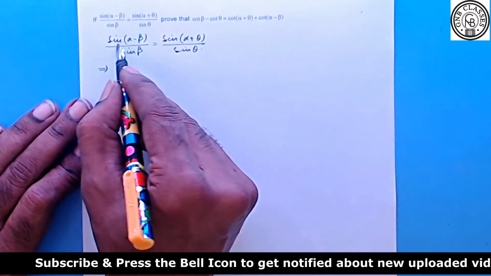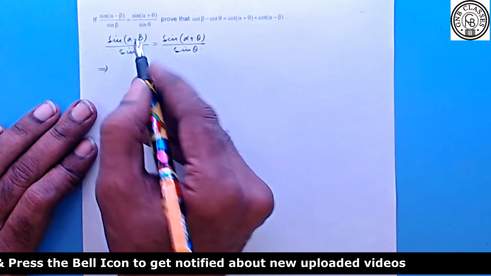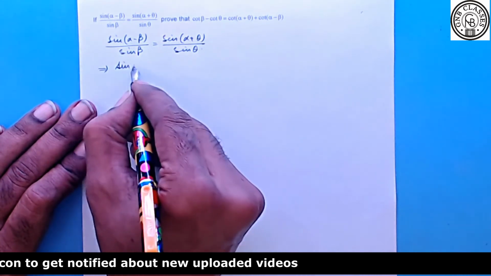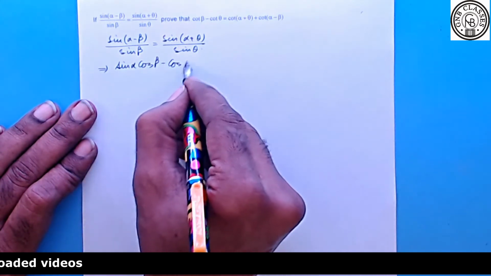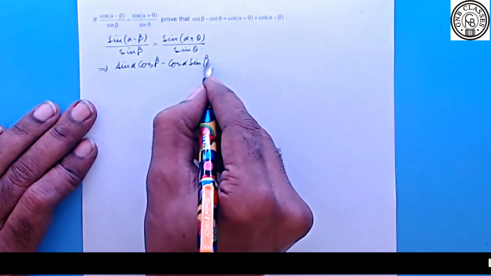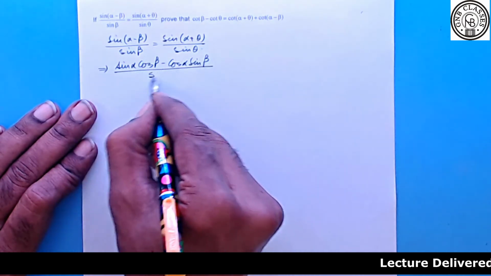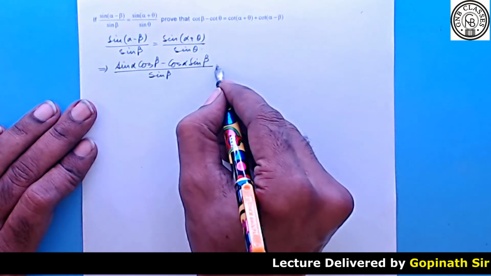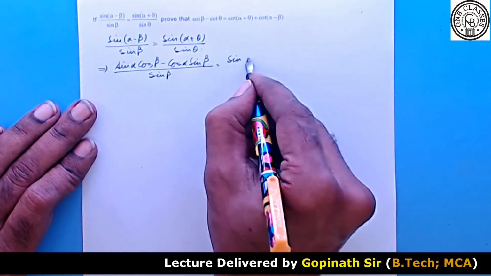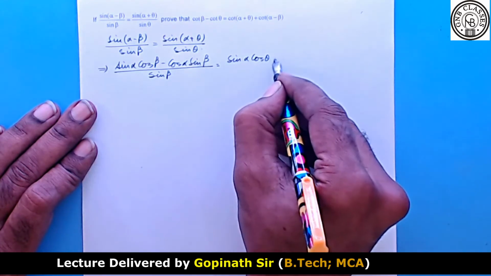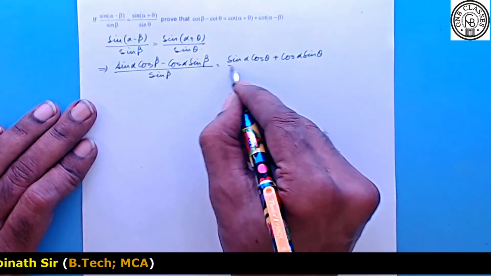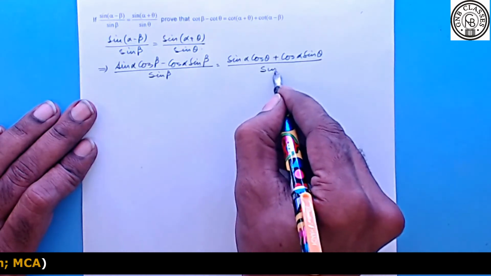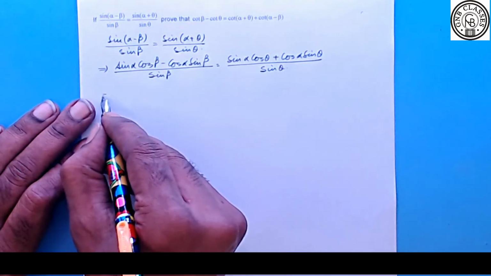So let me use the formula of sine A minus B in the numerator. So we are having sine A cos B minus cos A sine B divided by sine beta is equals to sine A cos B plus cos A sin B divided by sin theta. Let me separate.